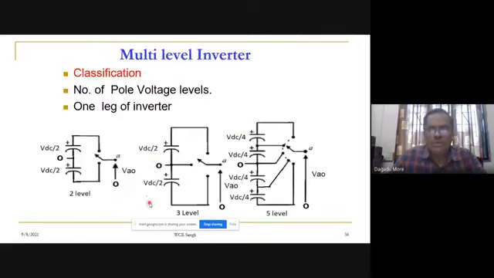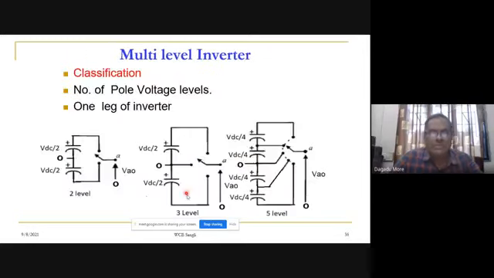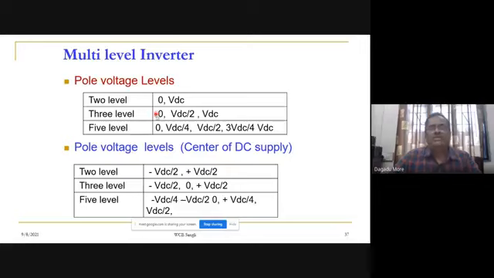We can also measure with respect to the negative DC rail. For two level with respect to the negative DC rail, when the switch is at the upper side we get VDC, and when the switch is at the lower side, 0. So in the case of two level we get 0 and VDC. In case of three level we get 0, VDC by 2 and VDC.